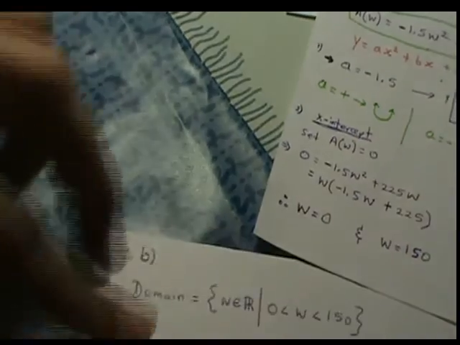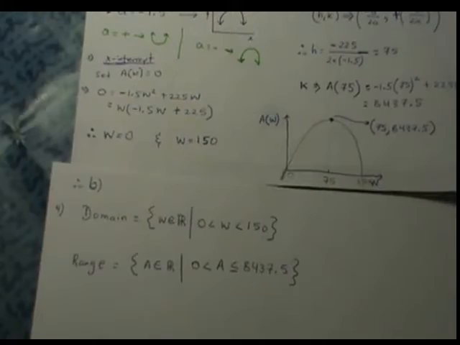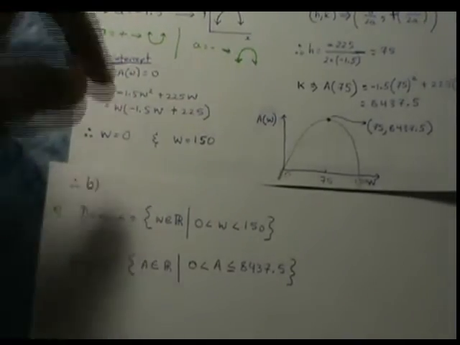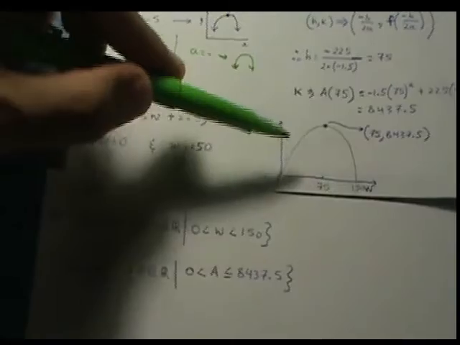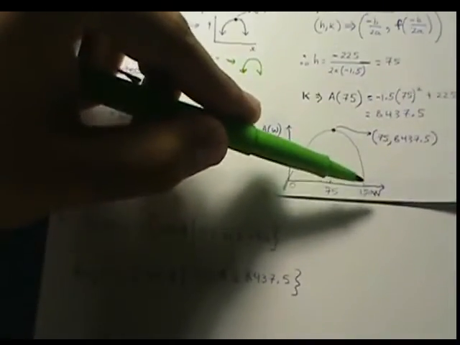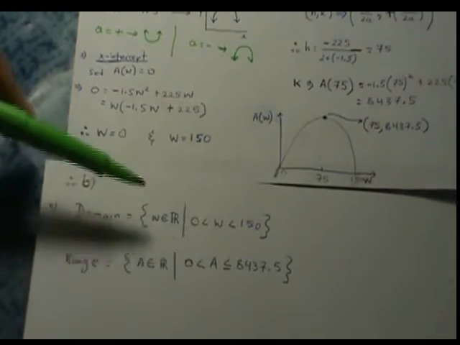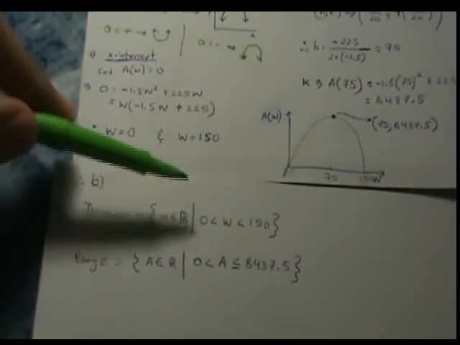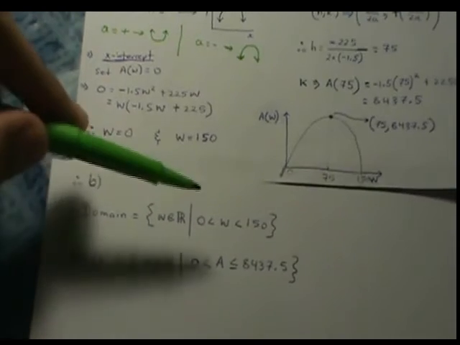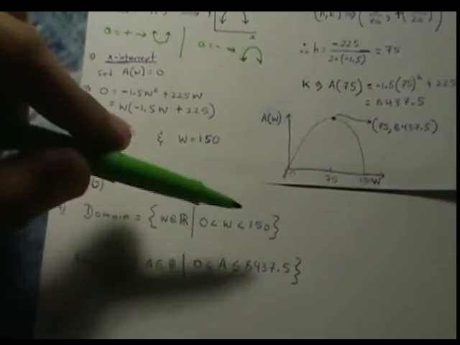And so we've determined that 0 and 150 were our two x-intercepts, and so you know that the graph will go from 0 and will end all the way at 150. So that's our domain: the width belongs to all real numbers, where the condition is that width lies between 0 and 150.